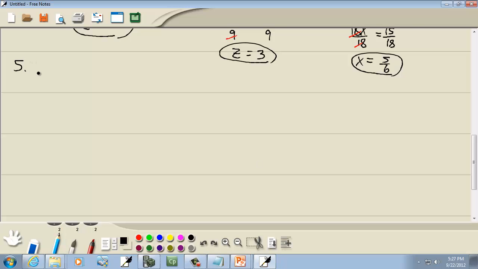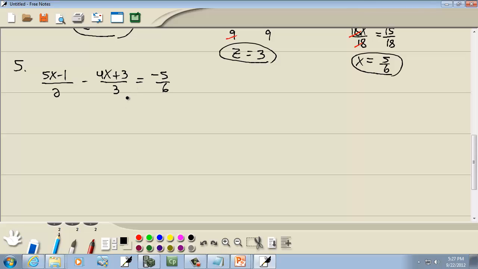We got 5x minus 1 over 2 minus 4x plus 3 over 3 equals negative 5 over 6. Well, our first step is to get rid of parentheses. We don't have any.